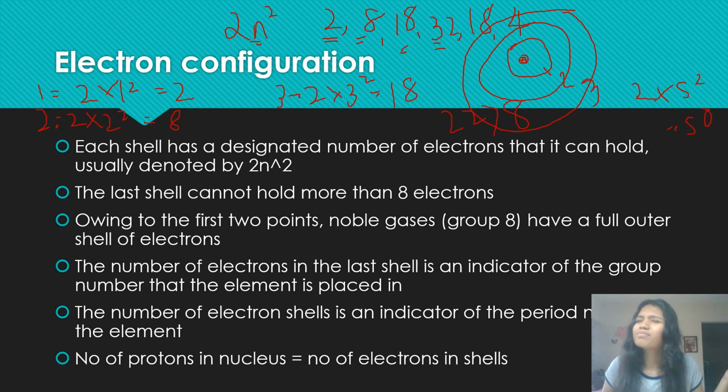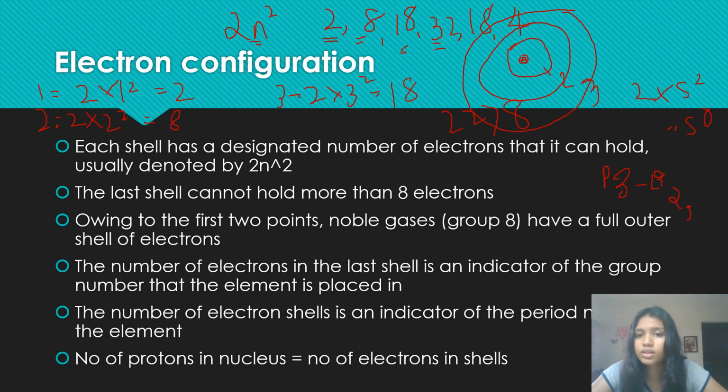So let's say lithium. Okay, lithium. So lithium is basically proton number 3. Proton number 3 is lithium, which means it has 3 protons in the nucleus of an atom of lithium. So the electronic configuration would be 2 in the first shell, correct? Because 2n square, so it can hold 2.